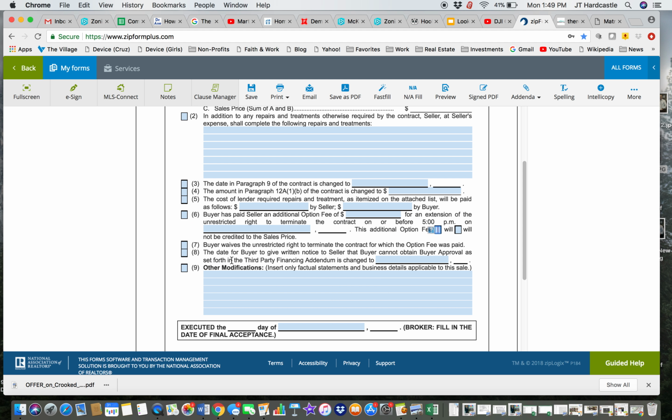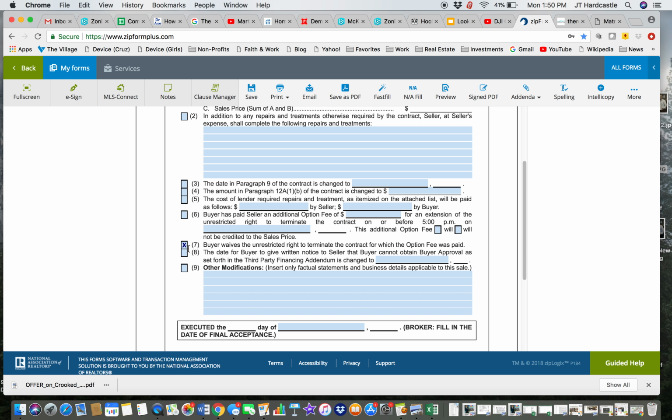Okay, and number 7, the buyer waives the unrestricted right to terminate the contract for which the option fee was paid. So at times, if I'm negotiating a contract and we are, let's say, on day 4 of the option period, and they're asking for some repairs, and we were kind of negotiating a little bit, I will use this tactic to make sure that if we agree to fixing these things, you're going to end the option period and move forward with the contract.